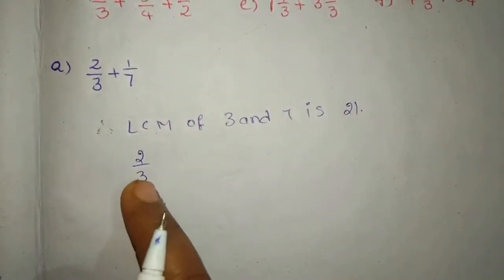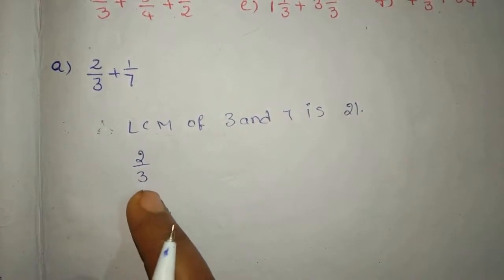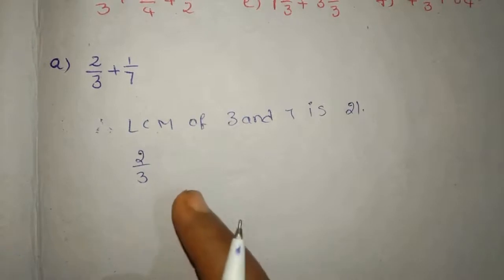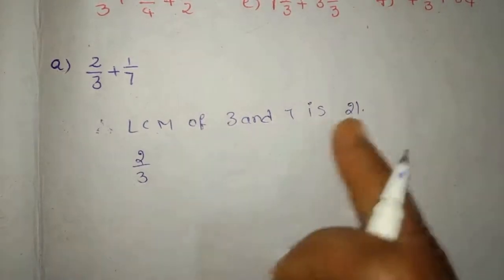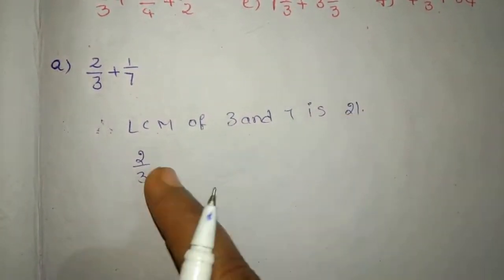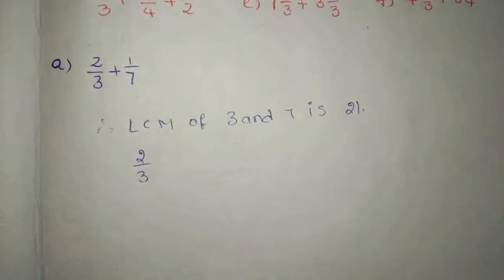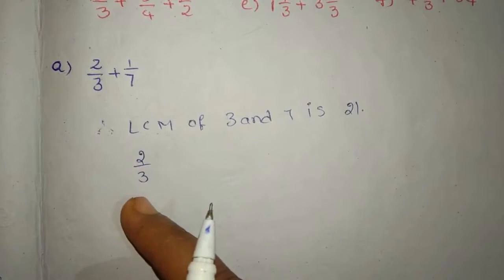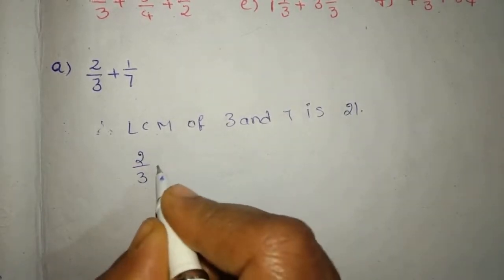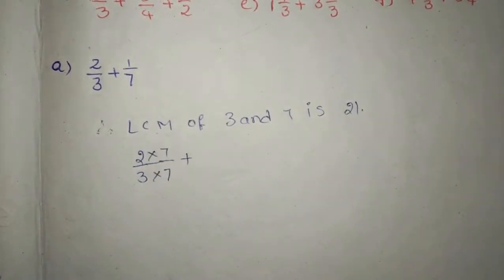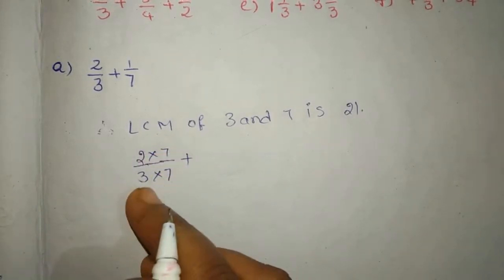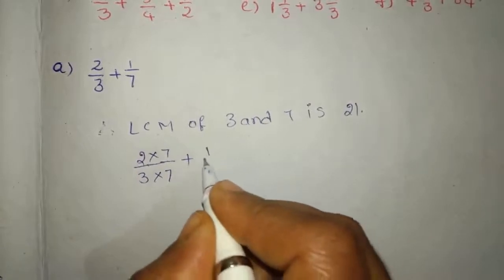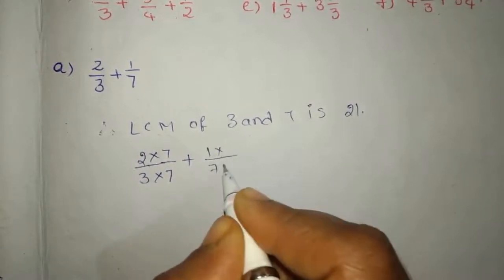So the first fraction is 2 by 3. Here the denominator is 3. 3 how many times makes 21? That is 7. So we multiply both numerator and denominator by 7: 2 into 7 by 3 into 7, plus 1 by 7.